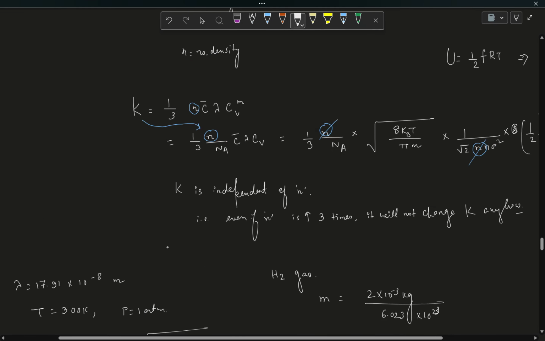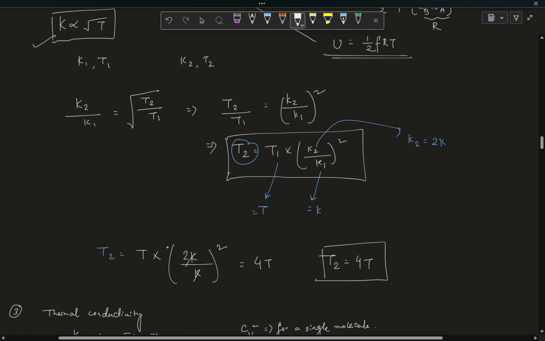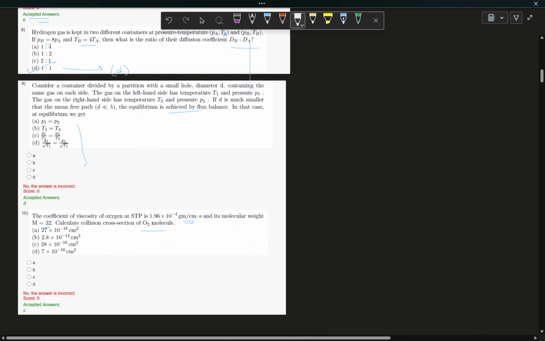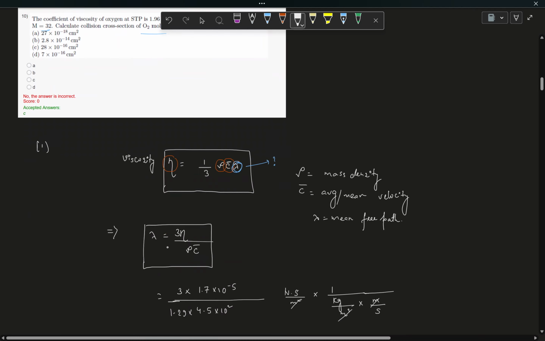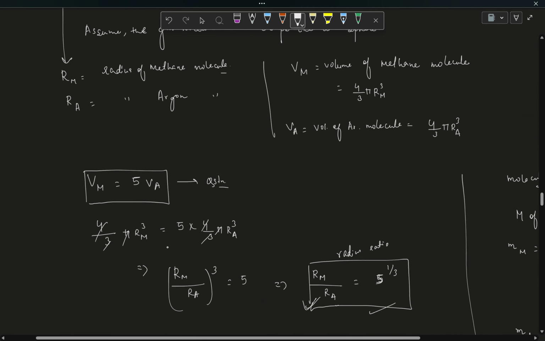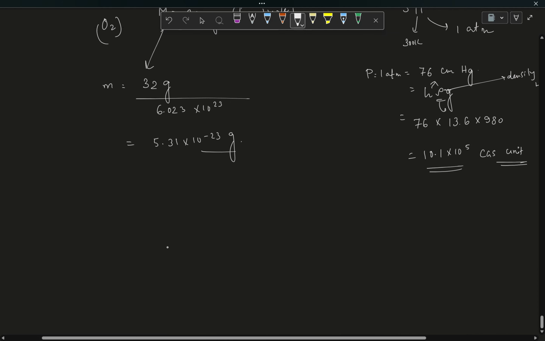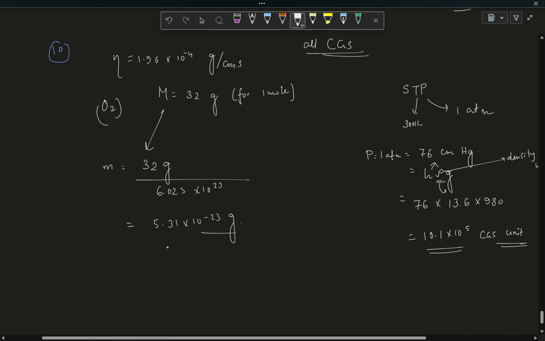Now what was the question again? The question was to calculate the collision cross section of the O2 molecule. Now you know that the collision cross section comes into the formula for lambda, the mean free path.